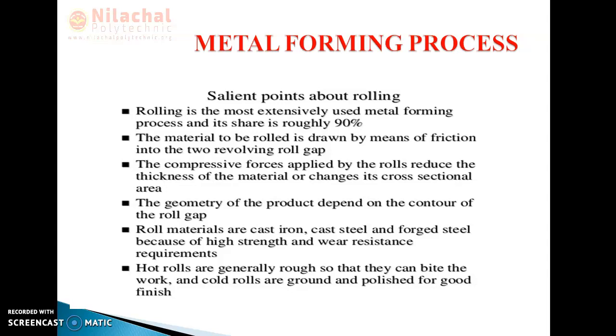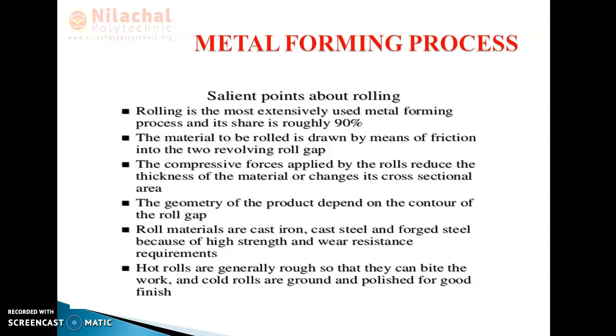Second, the material to be rolled is drawn by means of friction into the gap between the two revolving rolls. Number 3, the compressive forces applied by the rolls reduce the thickness of the material or change its cross-sectional area.